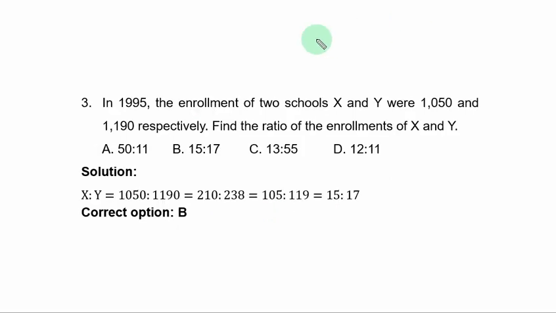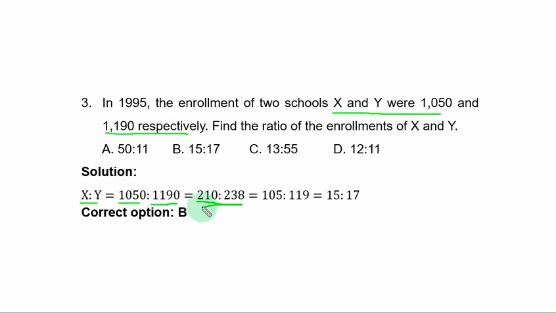Question 3. In 1995, the enrollment of two schools, S and Y, were 1,050 and 1,190 respectively. Find the ratio of the enrollments of S and Y. So you have ratio S to Y, and you have 1,050 ratio 1,190. If you divide through by 5, you have this result.